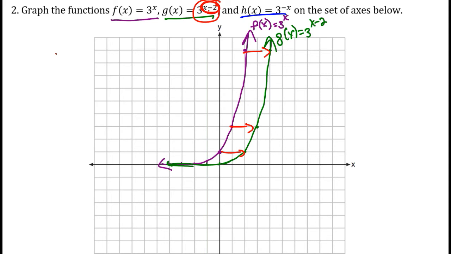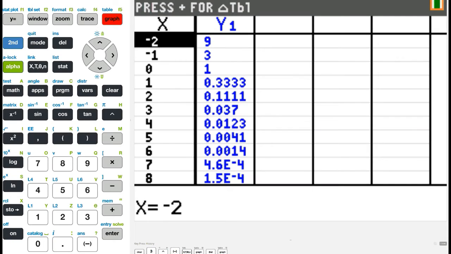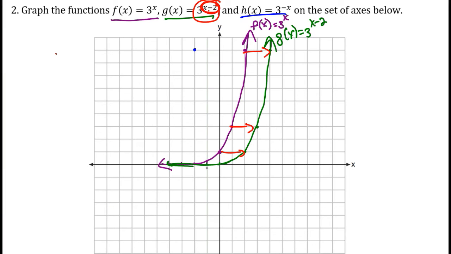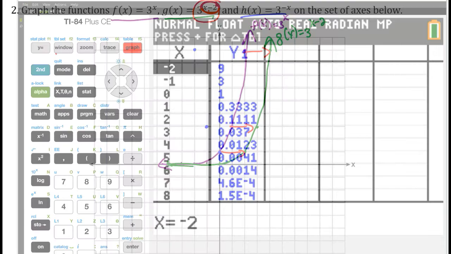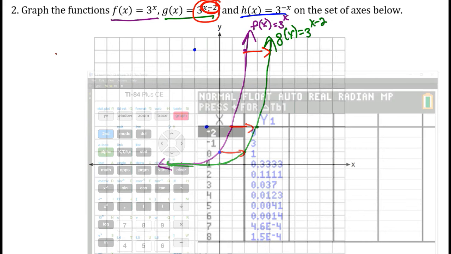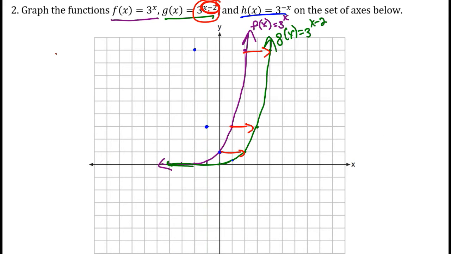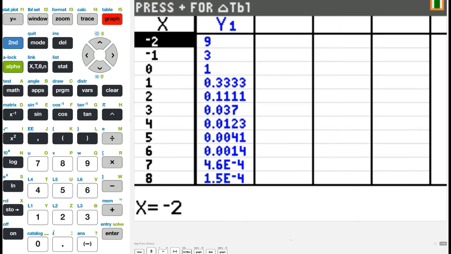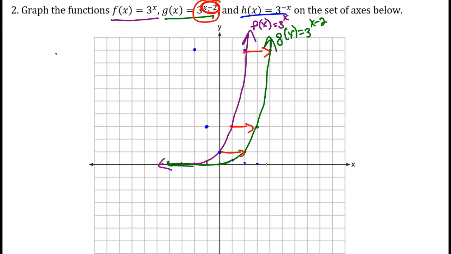Negative 1, 3. 0, 1. 1, 1/3. 2, 1/9, and then it levels off there towards that asymptote. So this exponential decay function here is h of x.